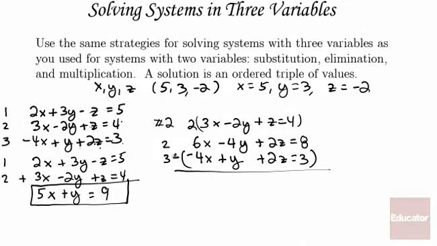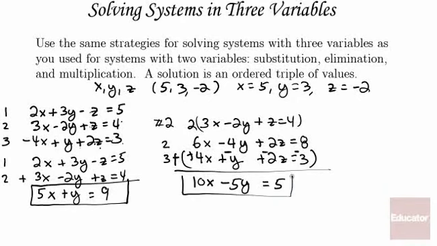So I'm going to change this to adding the opposite. So this is going to give me 6x plus 4x, which is 10x. Negative 4y and negative y is negative 5y. 2z and negative 2z drops out. 8 minus 3 is 5.